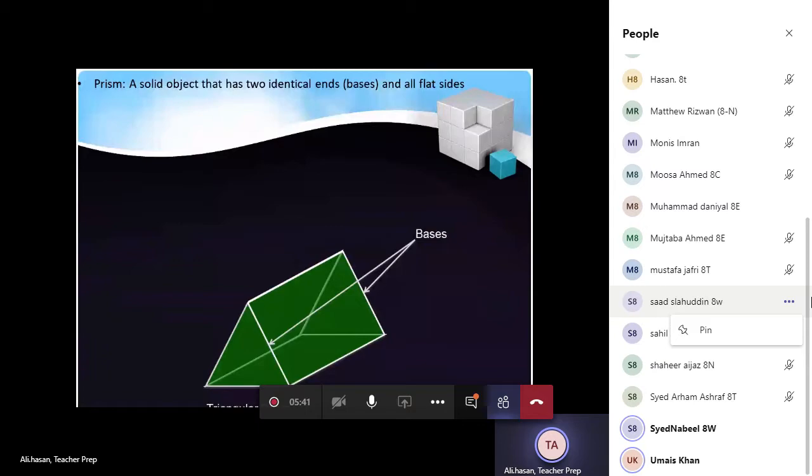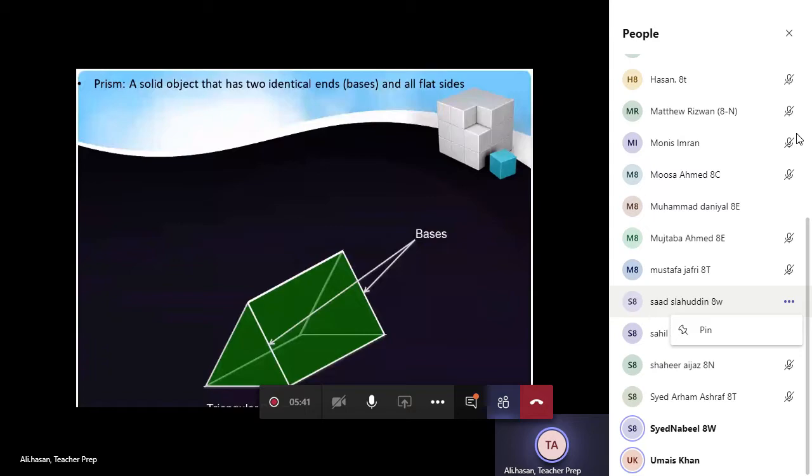Acha, what is the height of the prism? The distance between the bases is called the height. See in the figure on the right and the figure on the left, both pointing out with the blue line. With the blue line, it is indicating the height of the prism. What is the height of the prism?